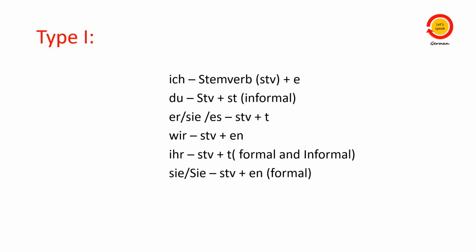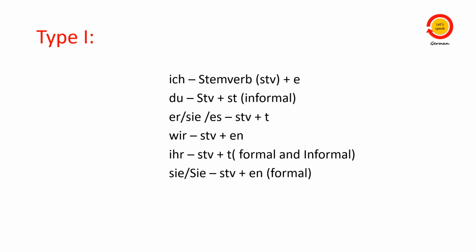Starting with type 1. Please make a note of these so that you can apply the same pattern to all the verbs which come under this type. Conjugation pattern followed is: ich, stem verb plus e. Du, stem verb plus st, informal. Er, sie, es, stem verb plus t.